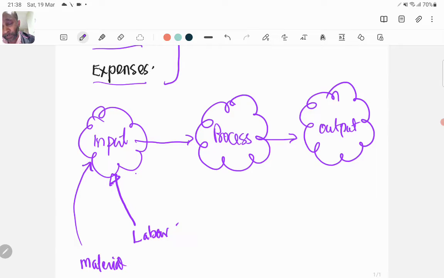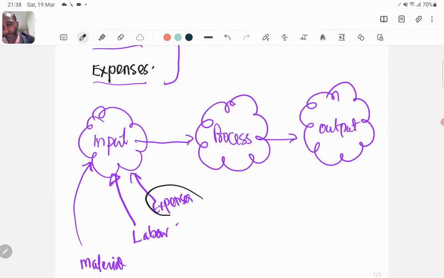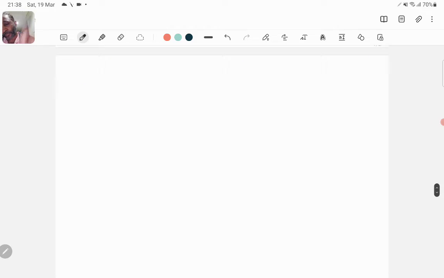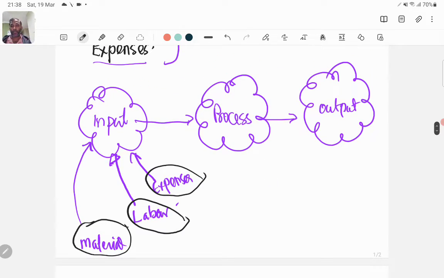So I would consume expense as well, and package these three elements in my input.